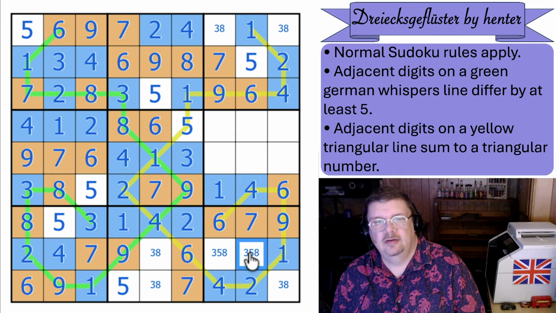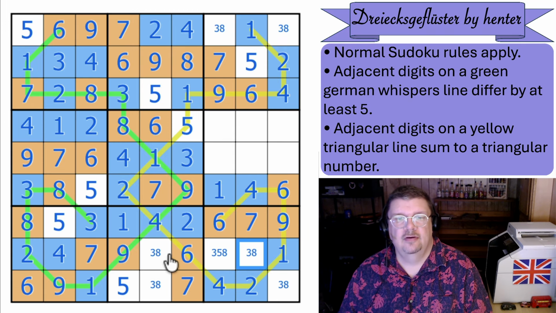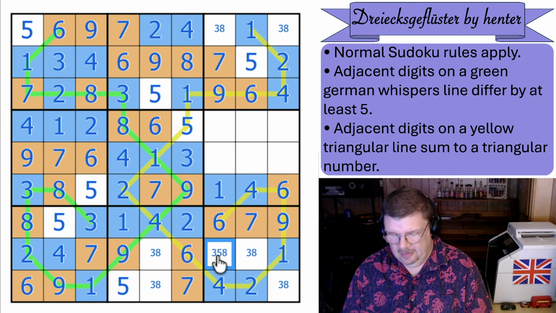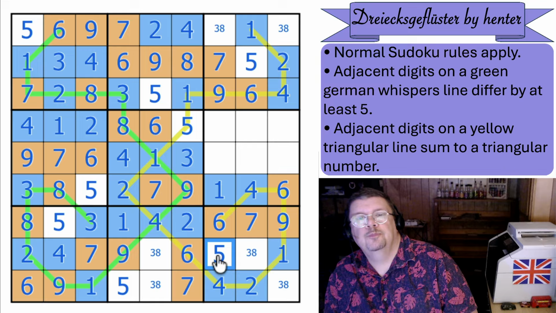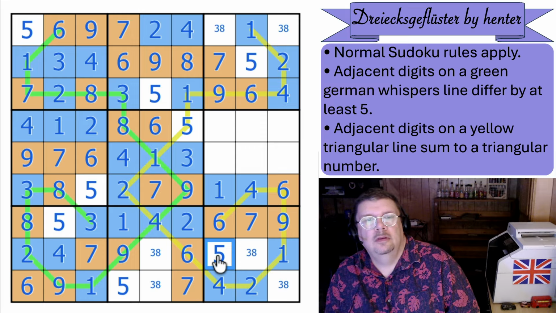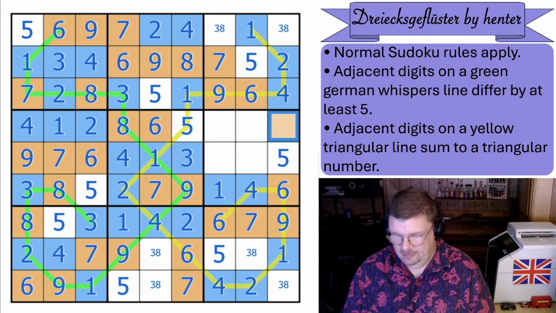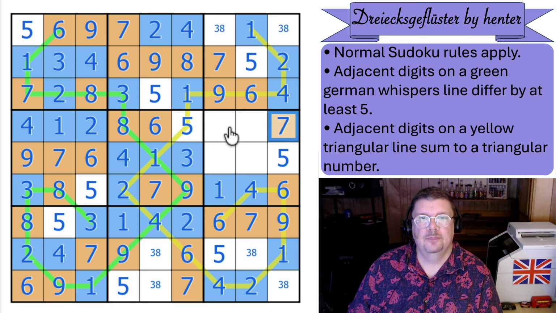That 5 is looking down, so that's not a 5. I've got a 3, 8 in the row in the box, so that's a 5. I have a 3, 8 pair in the column, so I need 5 and 7. So that's 5, that's 7.